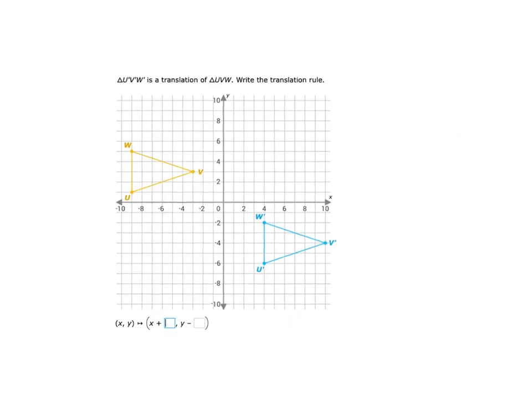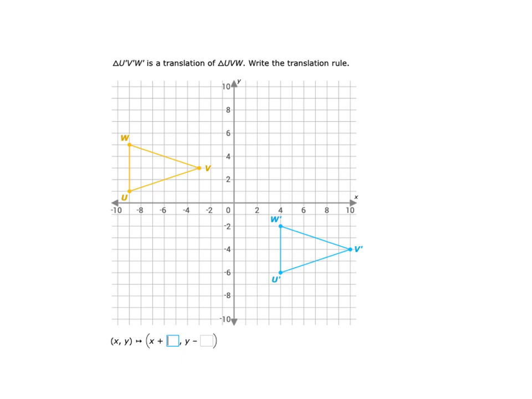This one is another one. So you have the chance to identify your pre-image, the one without the primes, and your image, the one with the primes. And then it asks you to write the rule. So again, I'll just pick any point. This time I'll do V because it's closest to the axes. And it says x plus something. So where do I go to get all the way over to V?